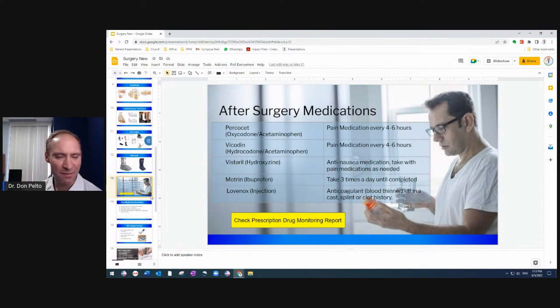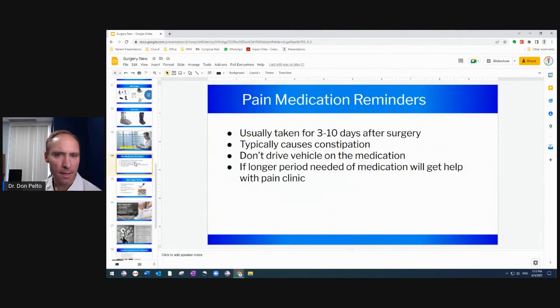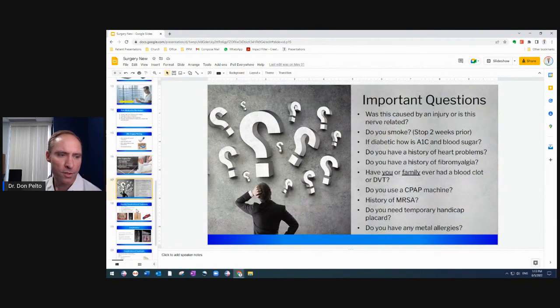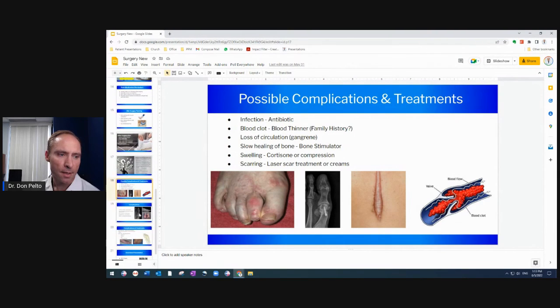I put in a check of the prescription drug monitoring report, which I have to do before every surgery. Then pain medications, after-surgery planning, important questions, and the possible complications. The main reason I do this is the possible complications and the treatments if they have any of these.